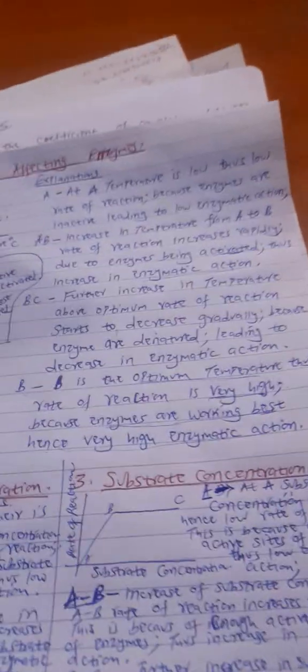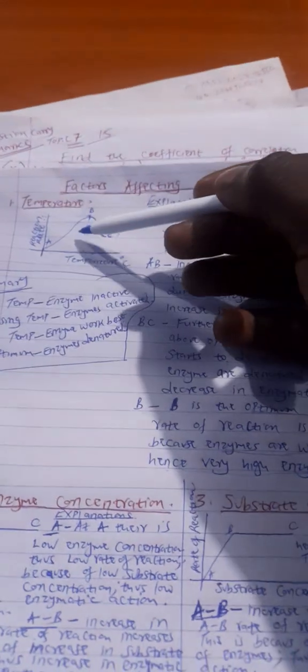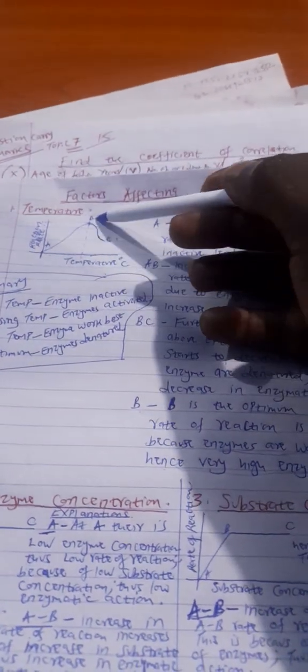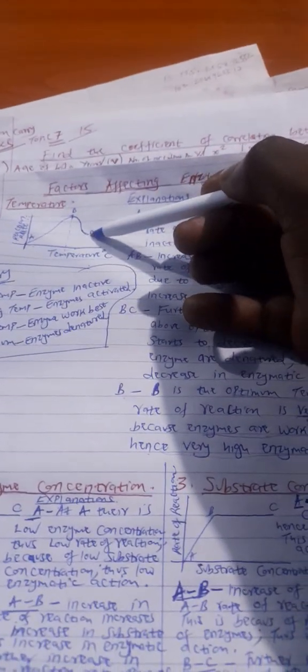So from this point, we go from B to C. When you check from point B to C, you can see there is a drop. So there is a gradual decrease. This is further increase of temperature, high temperatures above optimum. As we increase our temperature from the optimum point, what happens to the rate of reaction?